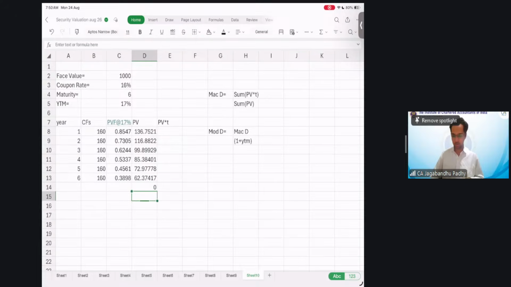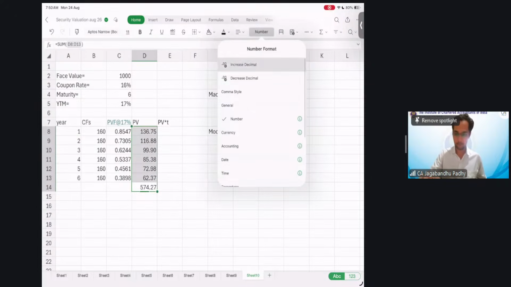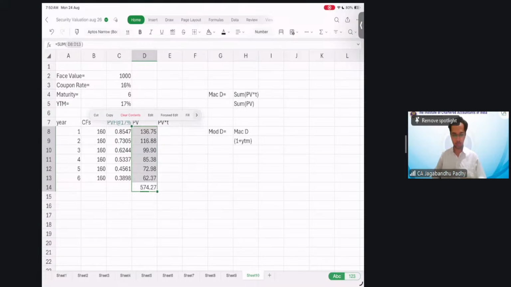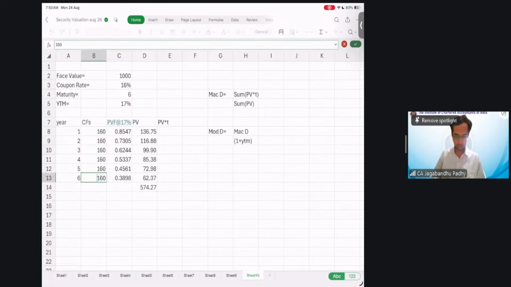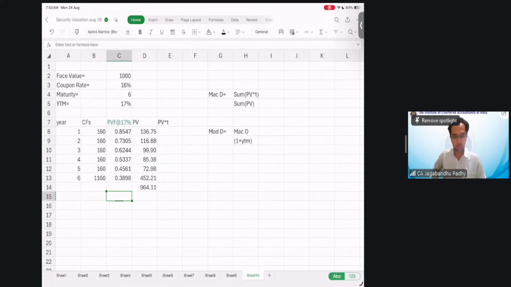You can see that one value is 964.11. To get the Macaulay and the modified duration number, try to get the Macaulay duration and modified duration number.